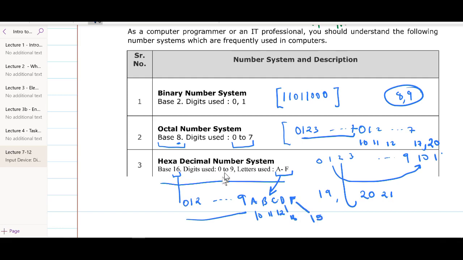So that is the hexadecimal number system for you, and it clearly has base 16, and we are going to find how it works on that level.